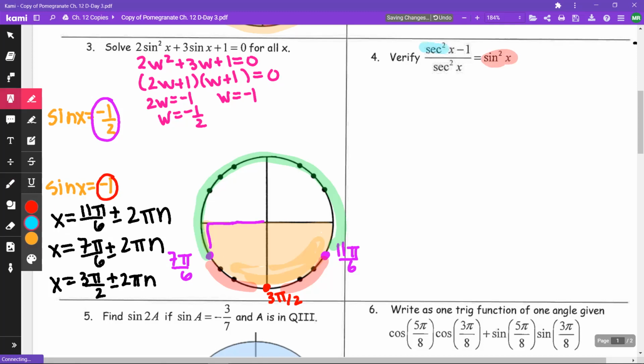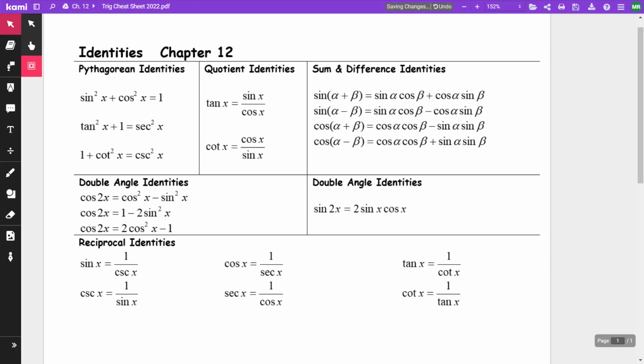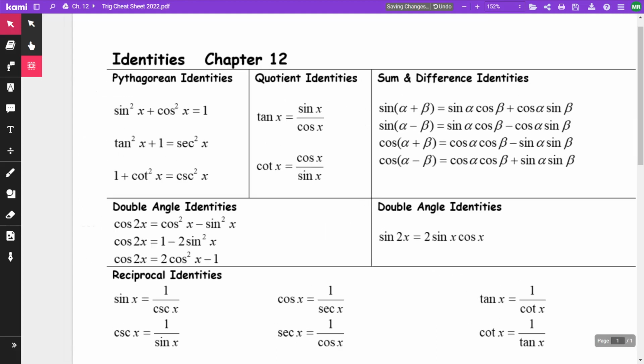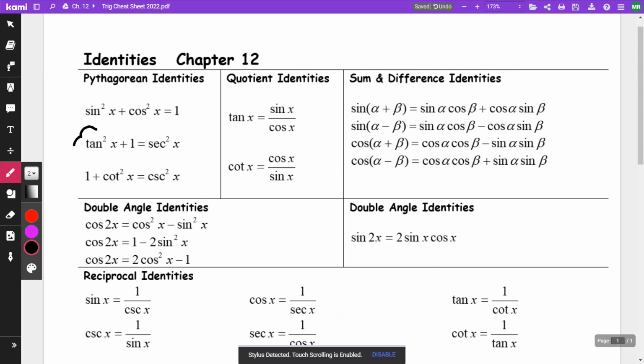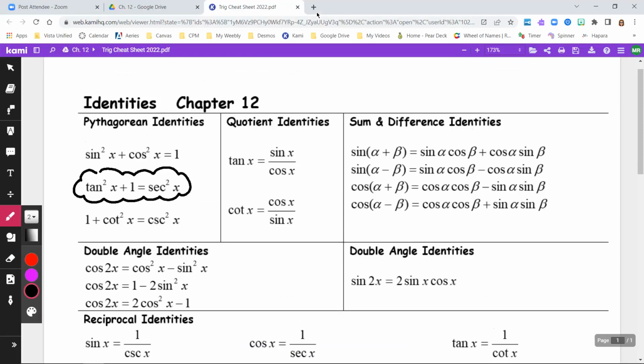Let me just highlight this. Sorry, sine squared x minus 1. So if I get my formulas out, the formula that I am looking at is this one here. I know that secant squared x is equal to tangent squared x plus 1.